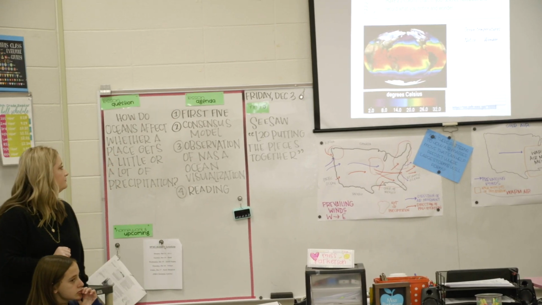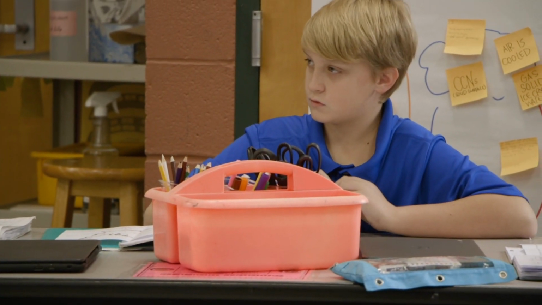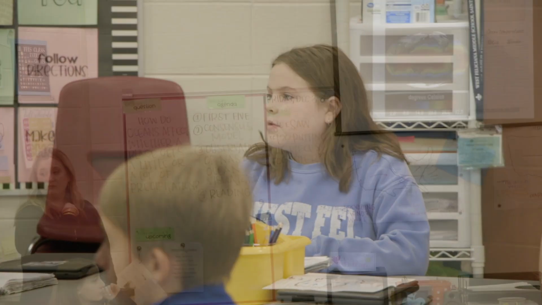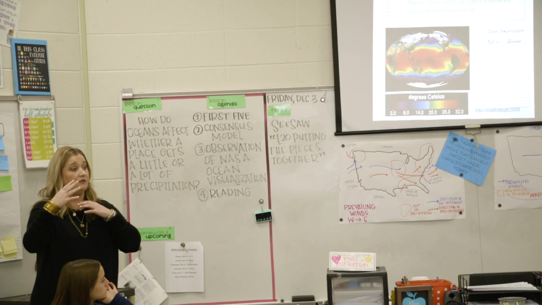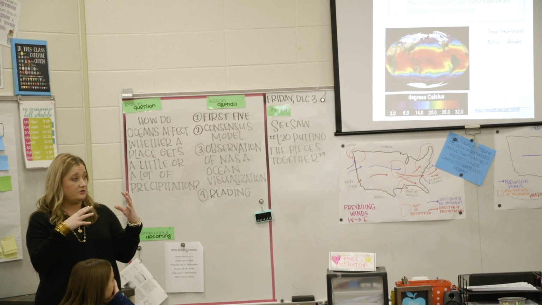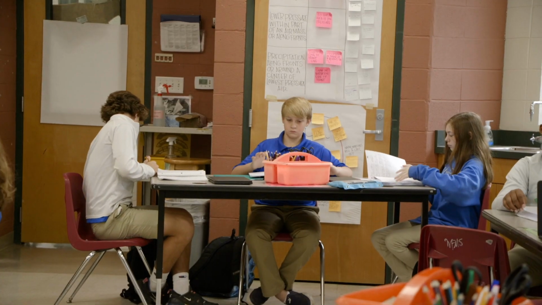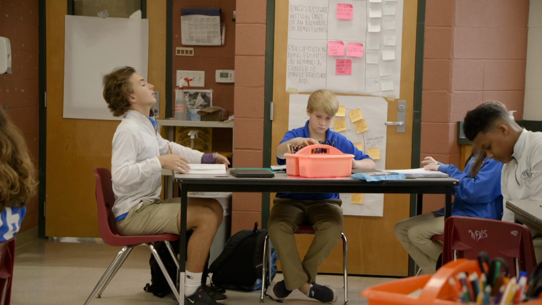Jackson? The temperature of the specific ocean. The temperature of the oceans. Maybe different areas, because some places like near the equator would be warmer than others. Okay, so maybe we can compare the temperature of the oceans near the equator to the oceans farther north.